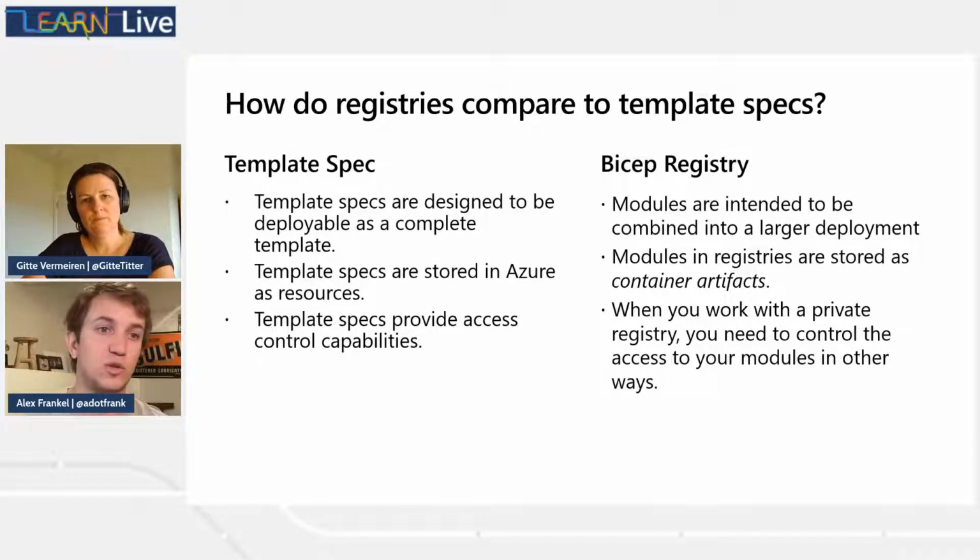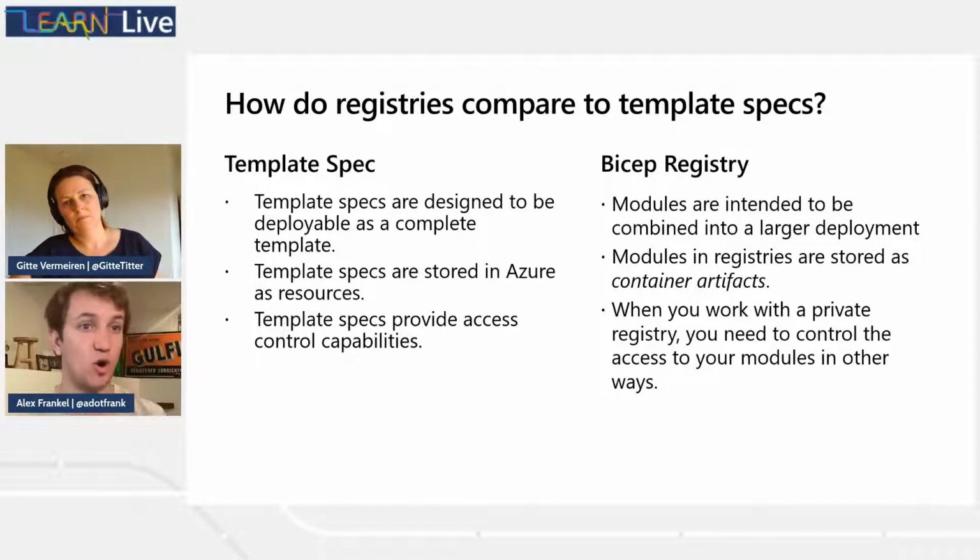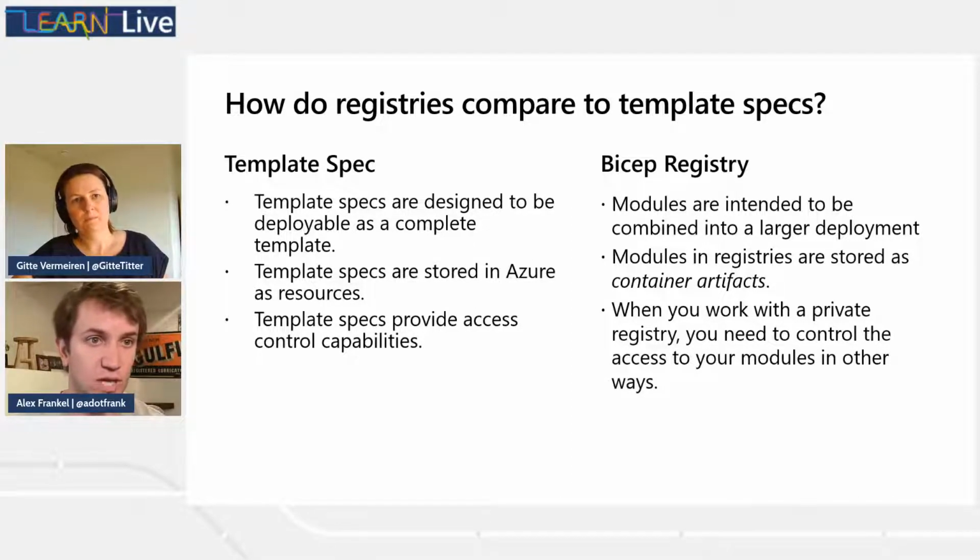Whereas the Bicep registry is more a library of content that you're making available within Bicep projects. In the common case, you'll give access to the whole registry, or at least a whole repository of content, and that makes all that content available in those projects.